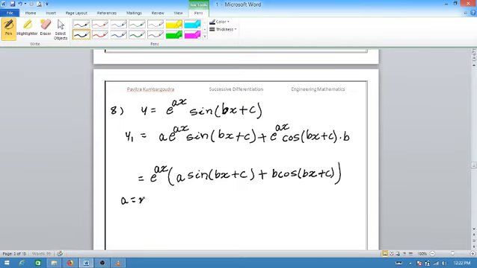a = r cos theta and b = r sin theta. Find r and theta in terms of a and b.